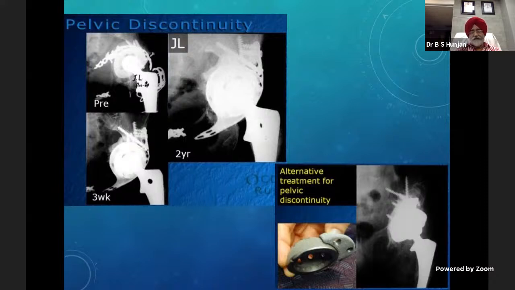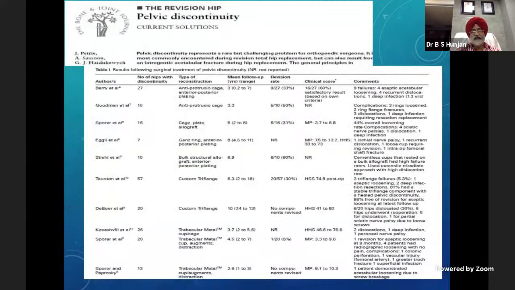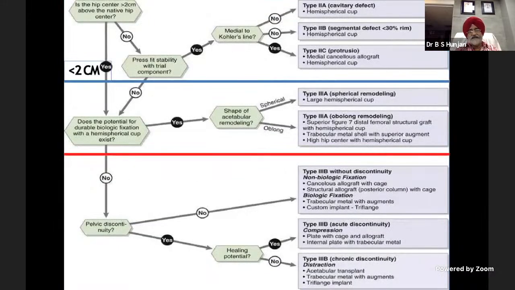In pelvic discontinuity, this is the most difficult type of defect, and it is difficult to address. Now these are the various studies done by the authors, and this is the algorithm which tells us what defect is there and what we should do.